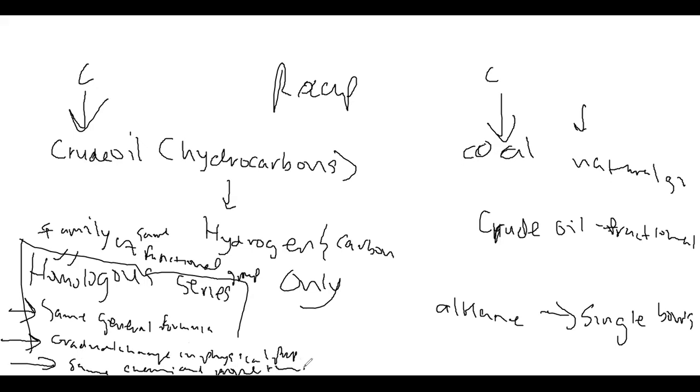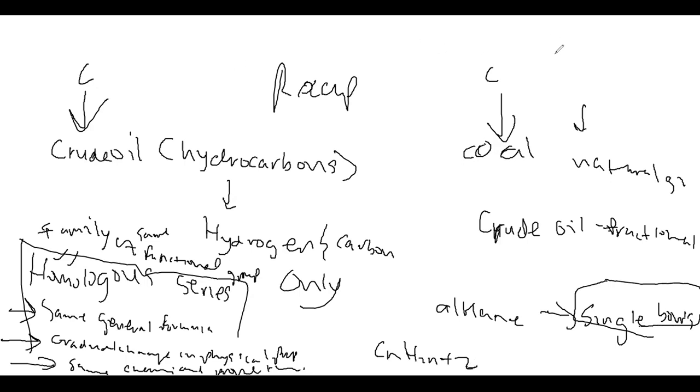Okay, then we learned about alkanes. We know that an alkane has the formula CnH2n+2. Again, of course, it only deals with single bonds. And then we went on to learn reactions of alkanes.